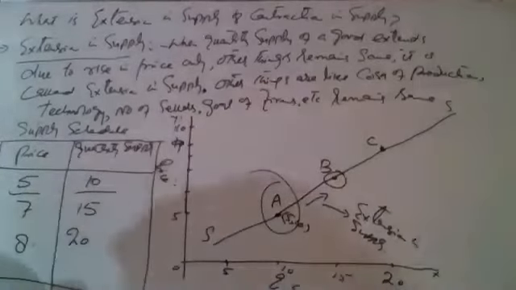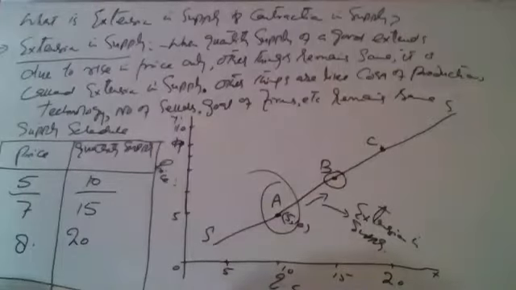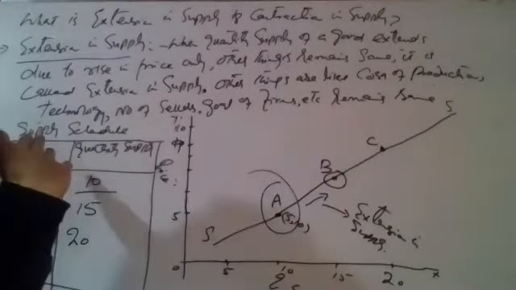This movement on the same supply curve from point A to point B shows extension in supply. So there is no role of other factors other than price, which extends the supply.